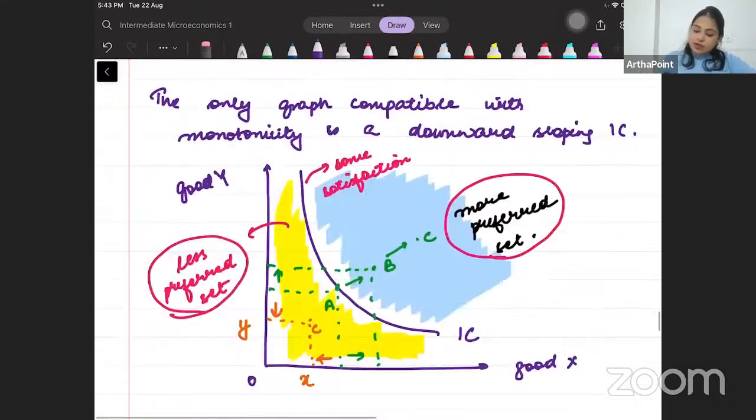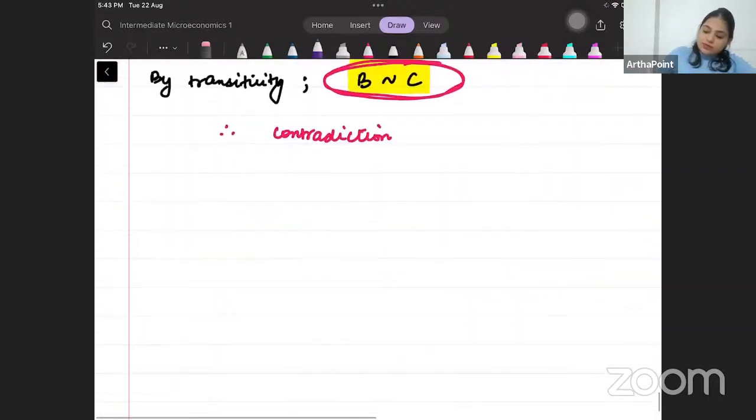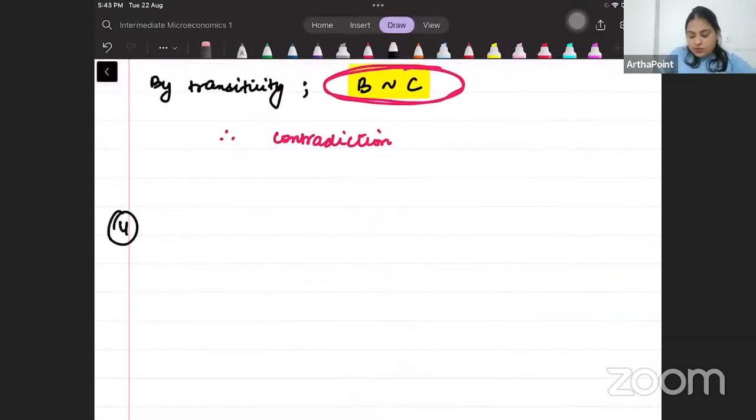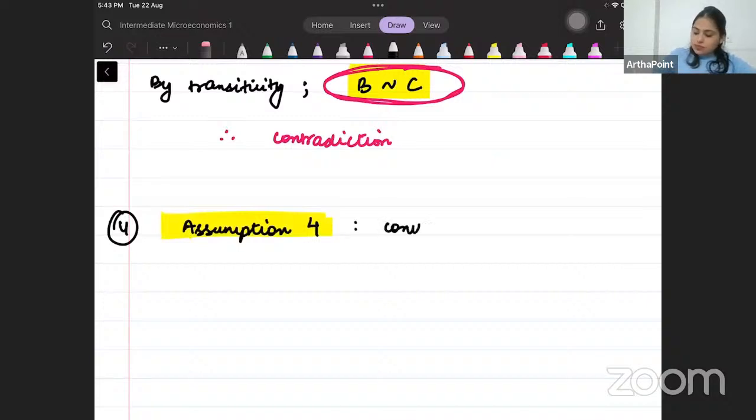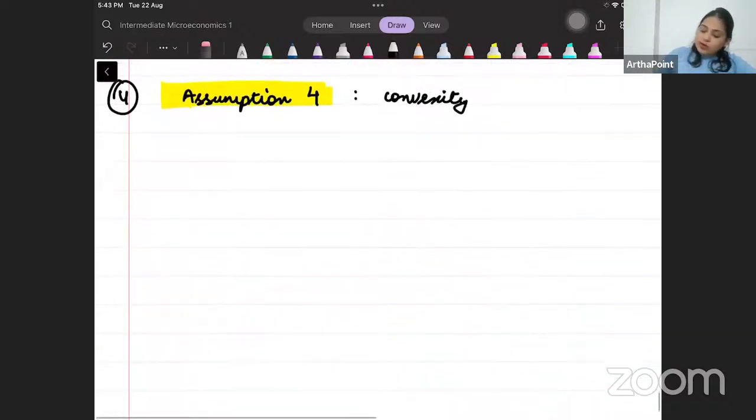Now I come to the next assumption, so please write down. Fourth assumption. And this fourth assumption that we have, this assumption is called convexity. So to prove this, what you can do?